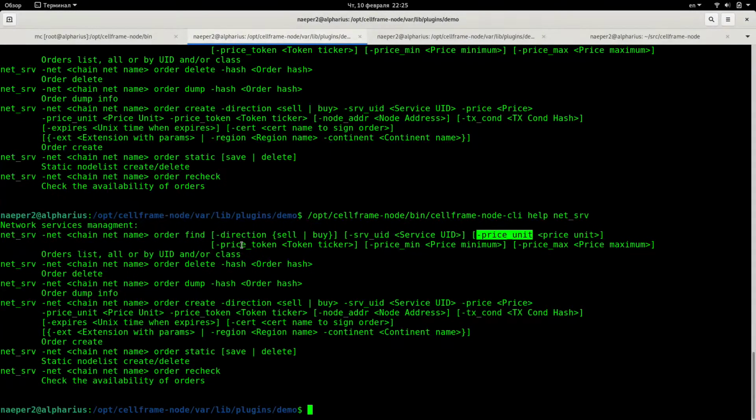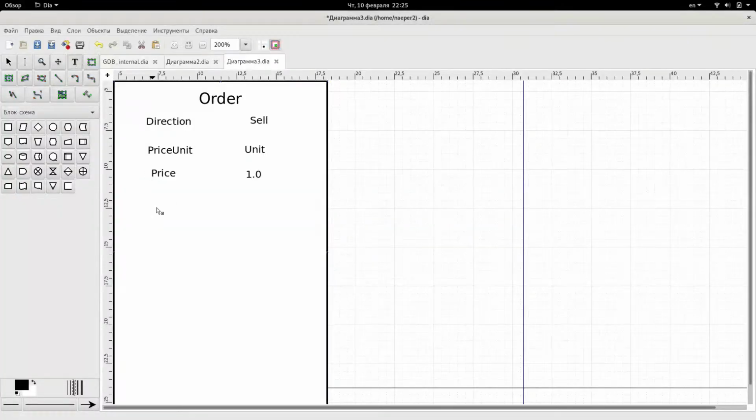And it's a limit order, you remember. Here is a price token. Here is, of course, cell. By the way, you could publish on your service orders with a different token.